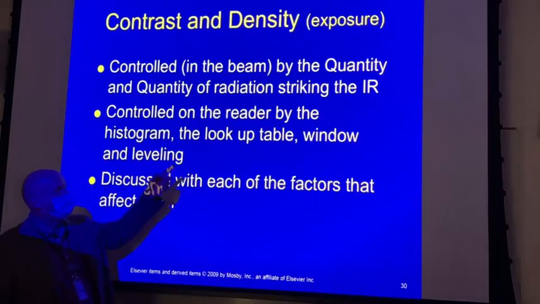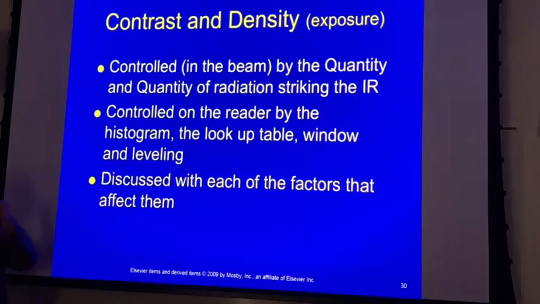It's just that the lookup table is your stored histogram. And when you get to window leveling, that's where you post-process and tweak it a little bit and make the contrast look a little bit different. So window leveling is your contrast and density. It's your brightness and contrast controls on your computer or whatever. That's all window leveling is.